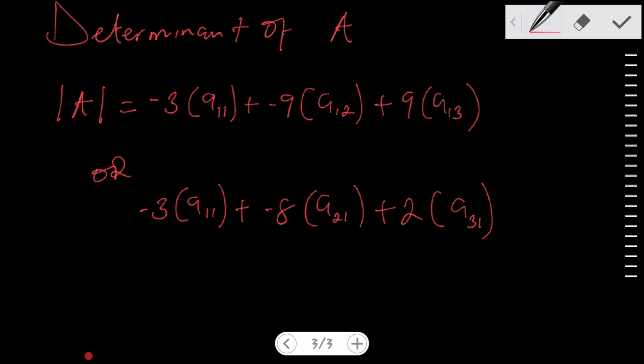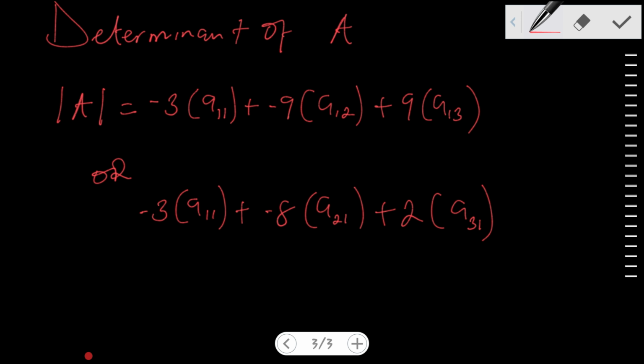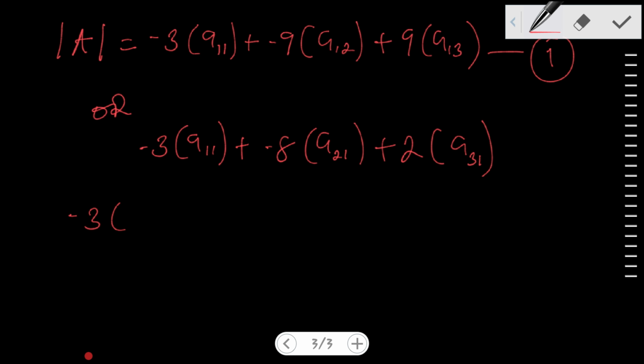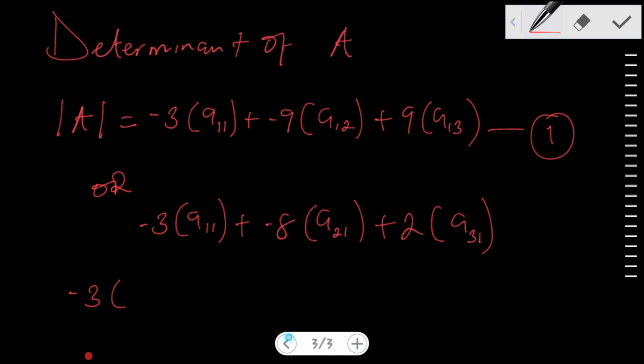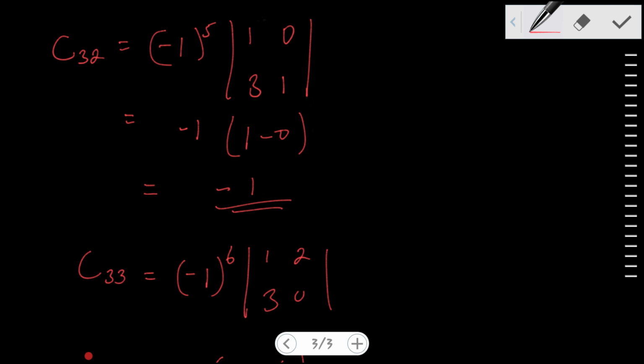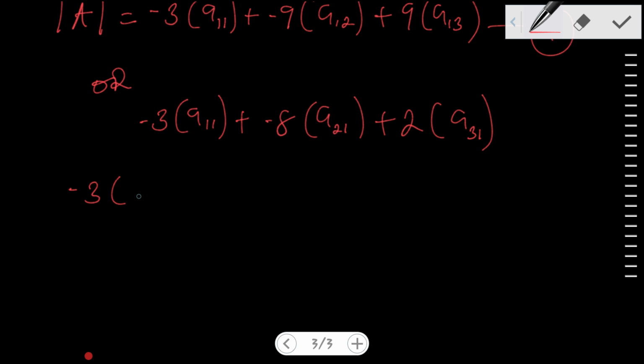Let's try to find out. For the first one, I say -3 into A11, of which our A11 from the original matrix was 1.